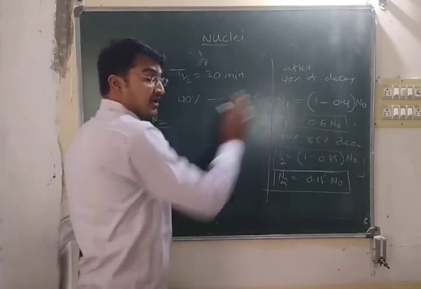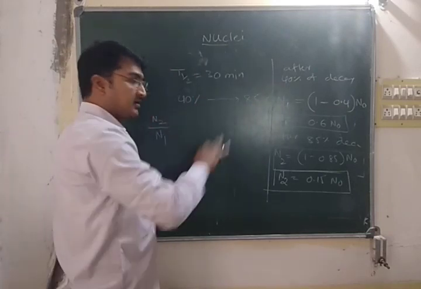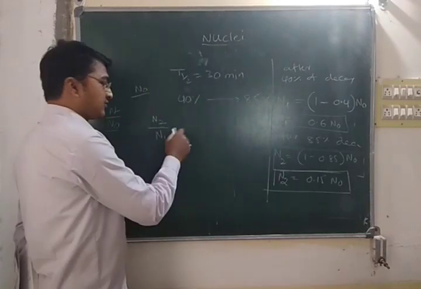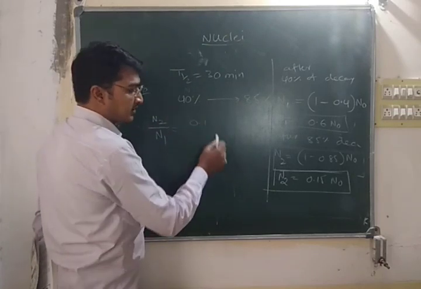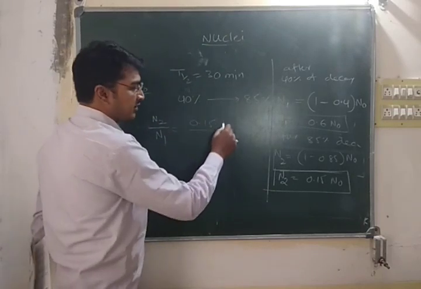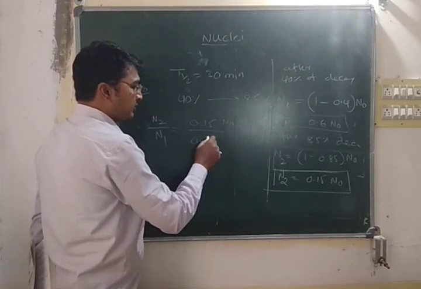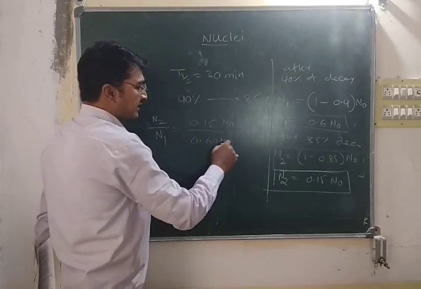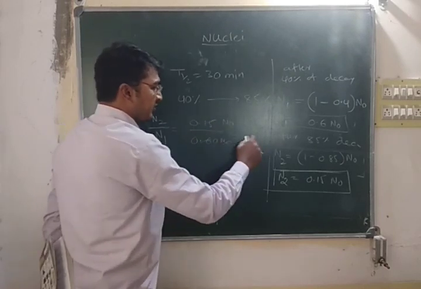Here N1 is initial, taking 40% as the initial, and after t seconds we get N2. So 0.15 N naught divided by 0.60 N naught, the N naught cancels, which comes to 1 by 4.